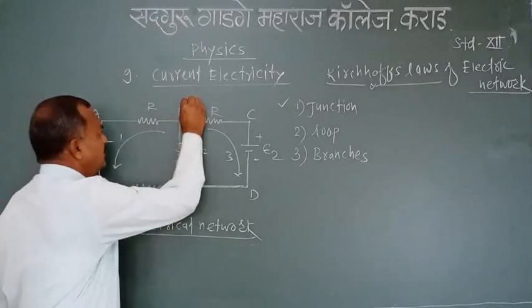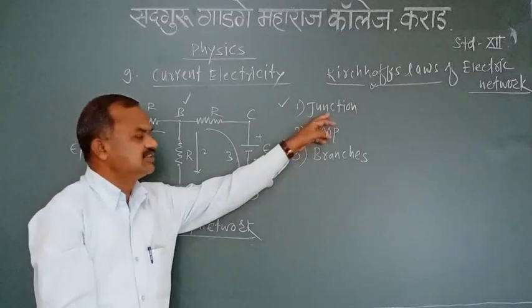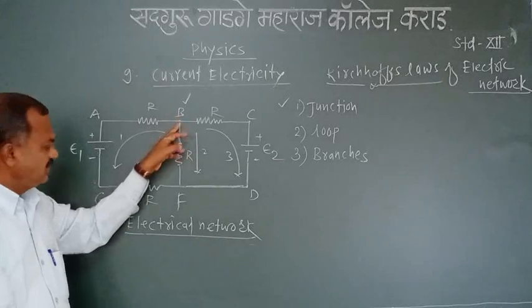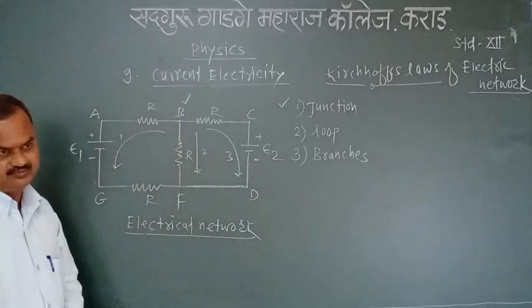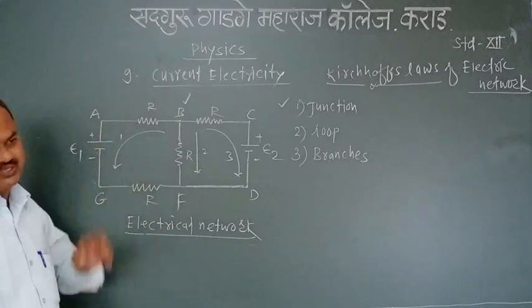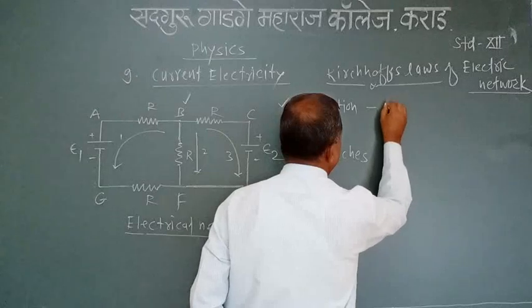This is point B in the electrical circuit, called a junction point, because this is the point in that network where 2 or more conductors are joined together. Hence, point B is known as a junction point.